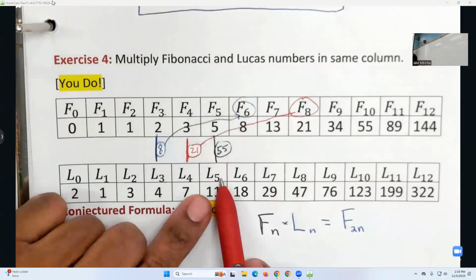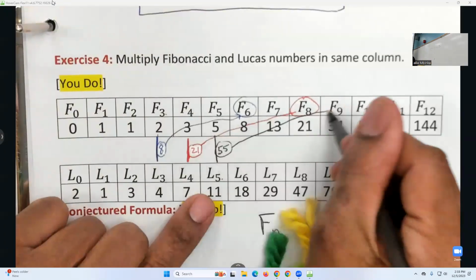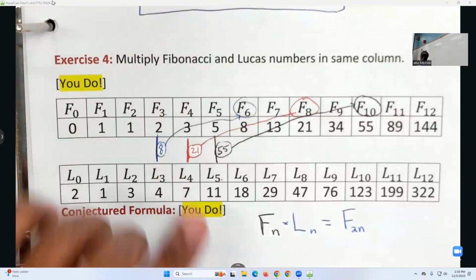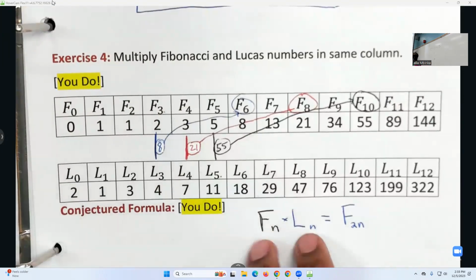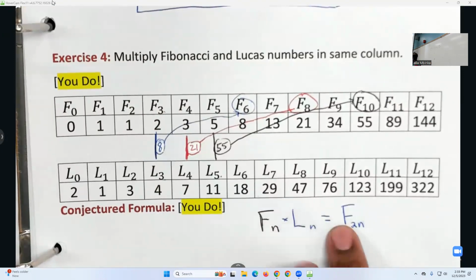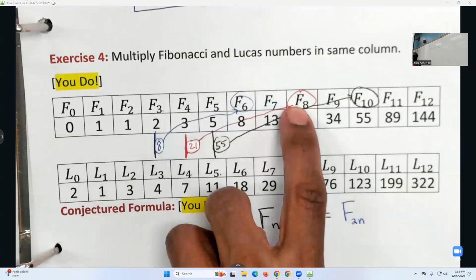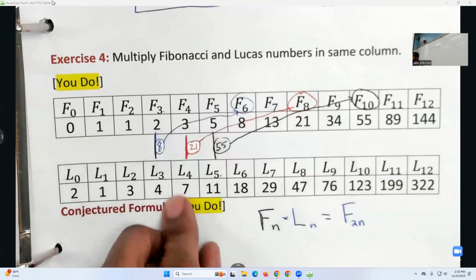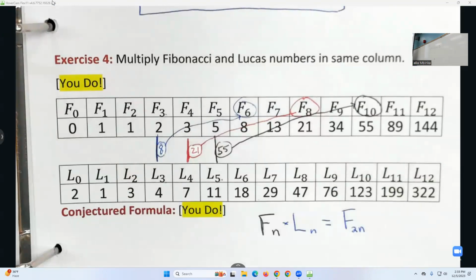And F5 times L5 is going to be equal to F10. So what Lyric is noticing is that when I multiply Fn and Ln, it's equal to a Fibonacci number. What is the subscript? The subscript 10 is double the subscript 5. Here the subscript 8 is double the subscript 4. Here the subscript 6 is double the subscript 3. So this is pretty dope. This is also very beautiful.